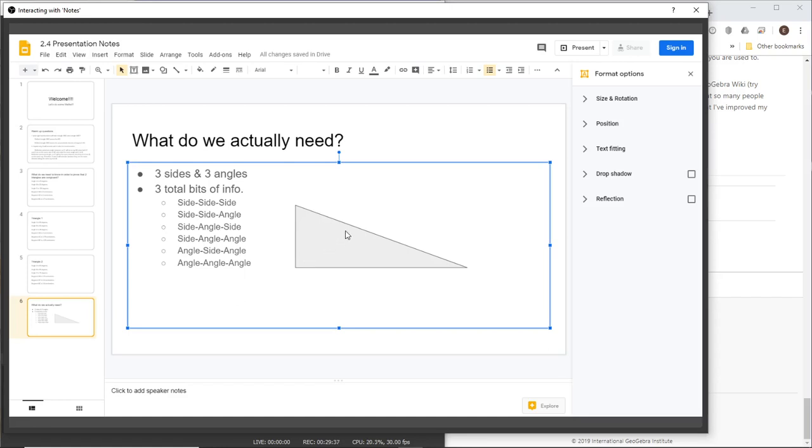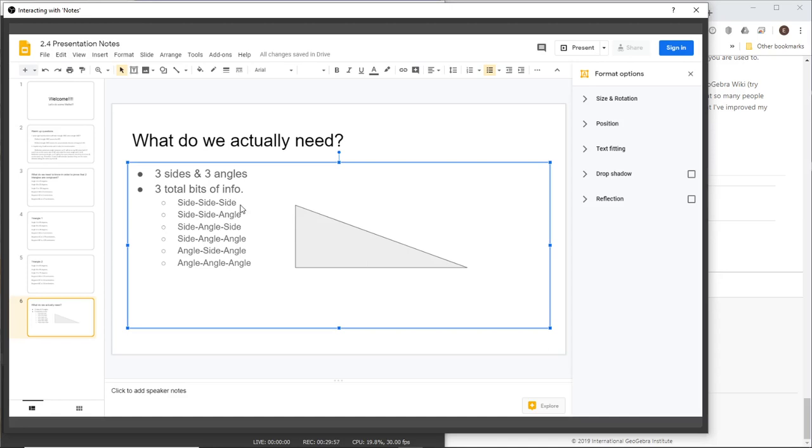Or however you can go, a side and then an angle that's attached to it. Any of those bits of information would fall into that side-side-angle category.